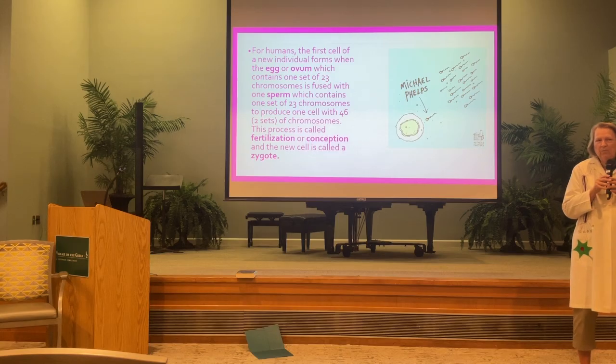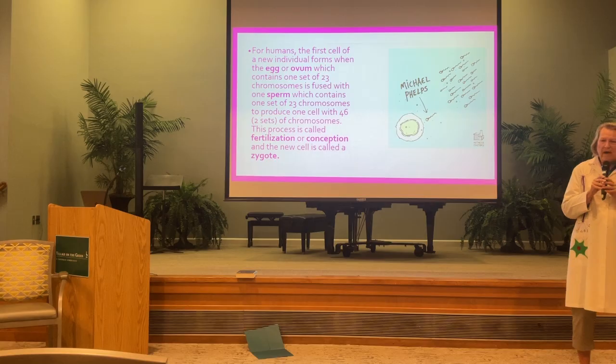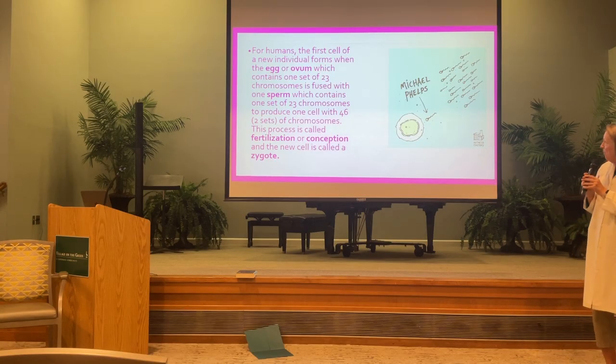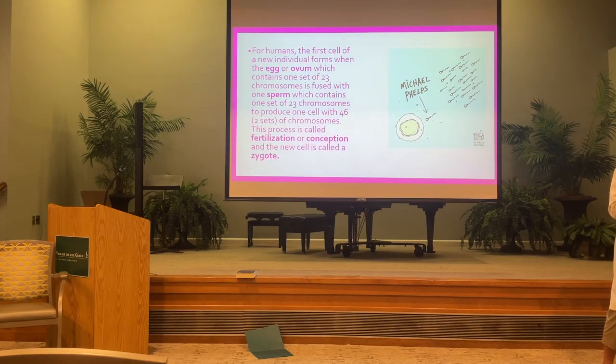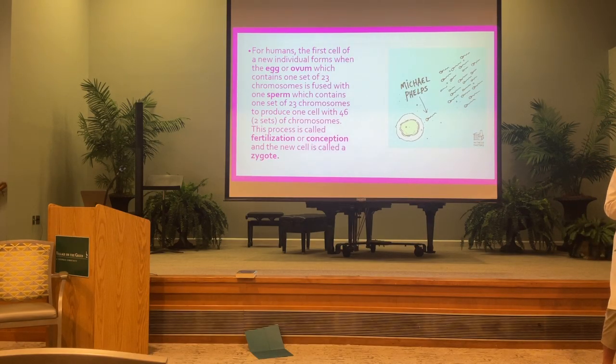Some of them get lost going one way, some get lost a little farther along, some get lost a little bit farther along than that, but some of them eventually arrive at the ovum. And Michael Phelps, you recall, is the Olympic swimmer with all of the medals, and this great cartoon shows it. Michael Phelps might well be the first one to arrive at the ovum and be successful with fertilization.